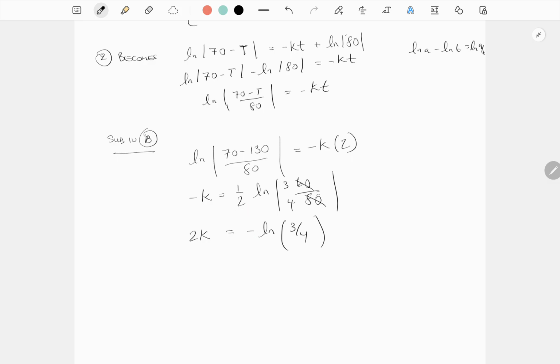I want to flip this 3 over 4 because you don't want a negative ln.